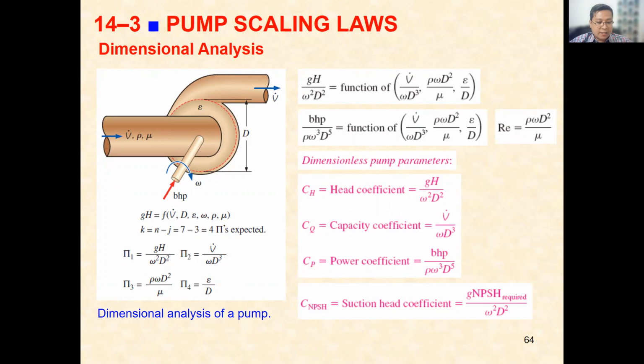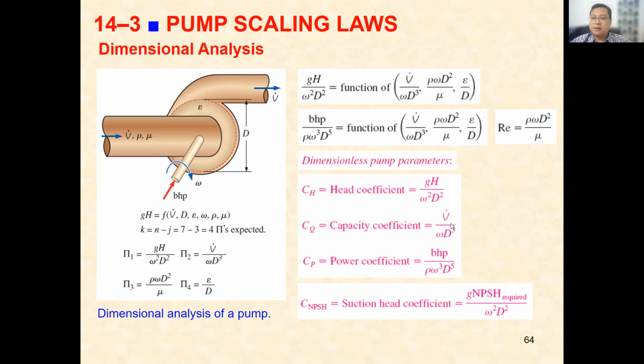And then we try to apply the method of repeating variables to the relationship between gravity times head and pump properties such as volume flow rate, some characteristic length, typically the diameter of the impeller blade, and so on.